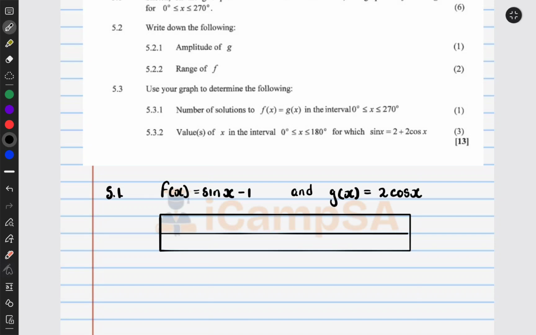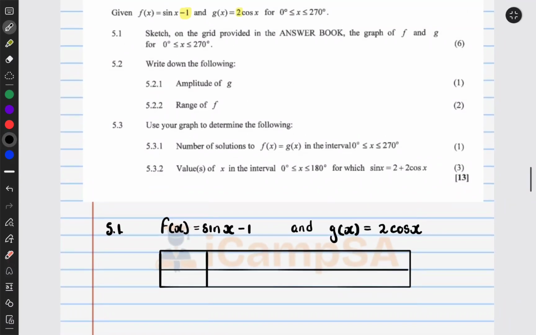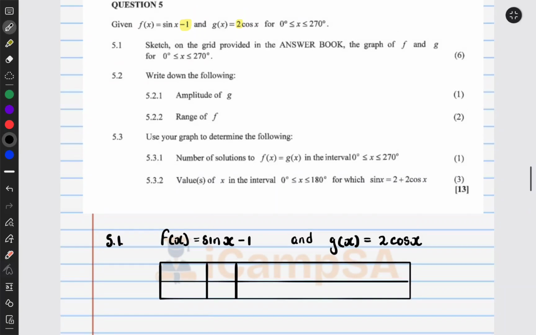We actually have two functions, so we'll use intervals of 90: 0, 90, 180, 270.